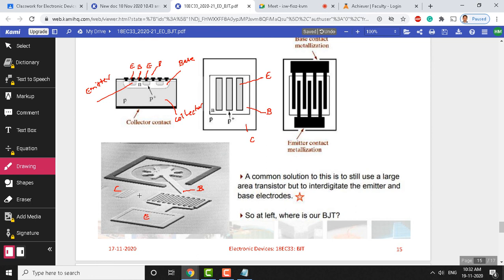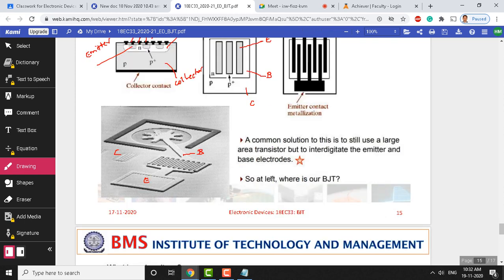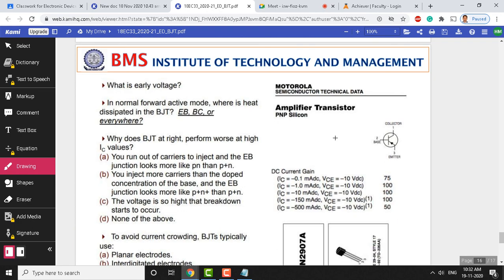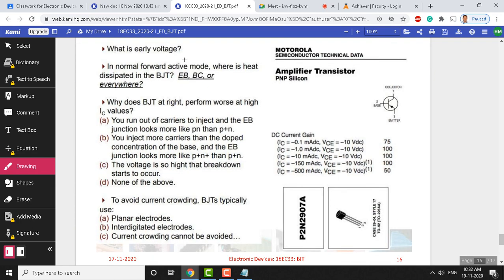Okay. So with that, I think we have discussed the significant things with reference to emitter current crowding. These are the possible quiz questions we will usually ask in the upcoming quiz when I post it to you, so kindly prepare for this kind of quiz question. What is an early voltage?